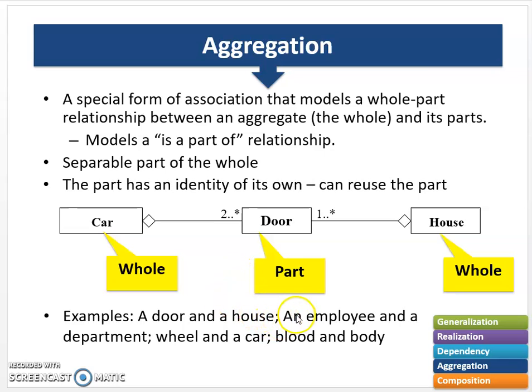Another example would be an employee and a department. An employee is part of the department, but the department is not part of the employee. That means even if an employee leaves, the department will still be there. There is no full ownership.